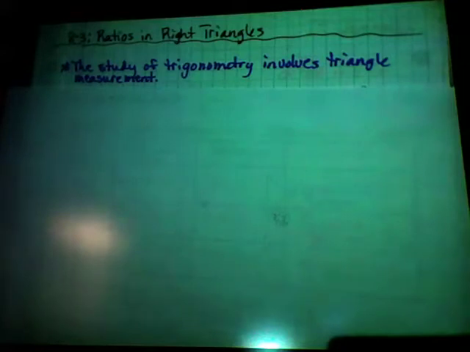Perhaps I need the measurement to find the volume of the lake, because I might need to restock it with fish. Or maybe I need to find the height of a really tall building because I need to get paint for it or various other materials.